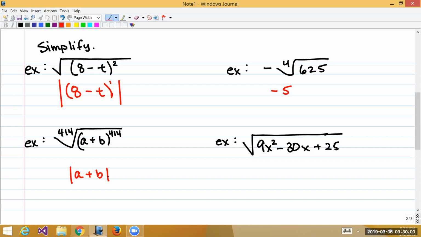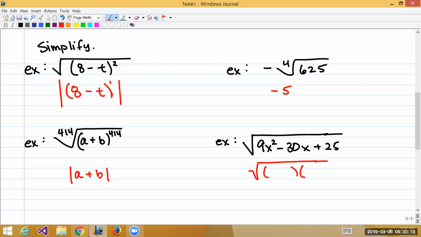Now in this one, we can't take square roots of each one of these individually, because remember, you can only take square roots of factors or roots of factors. So let's see if we can factor this. This is actually a perfect square on the inside. 9x squared minus 30x plus 25.